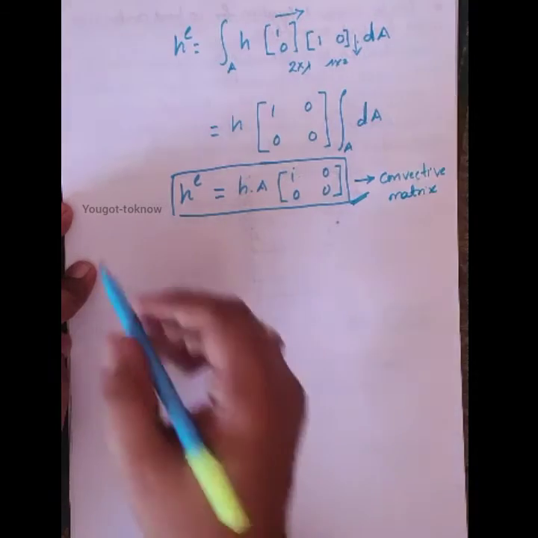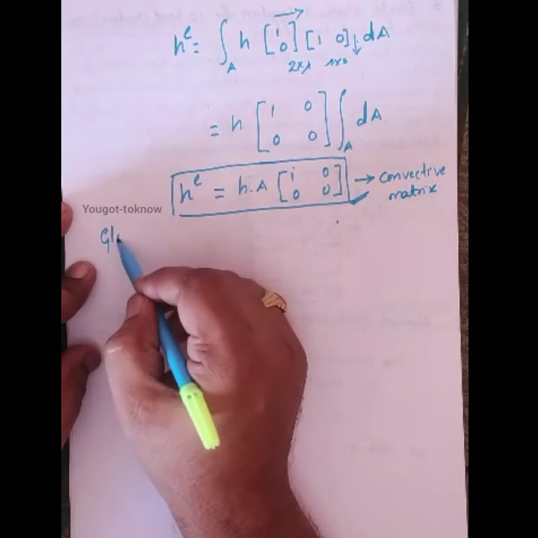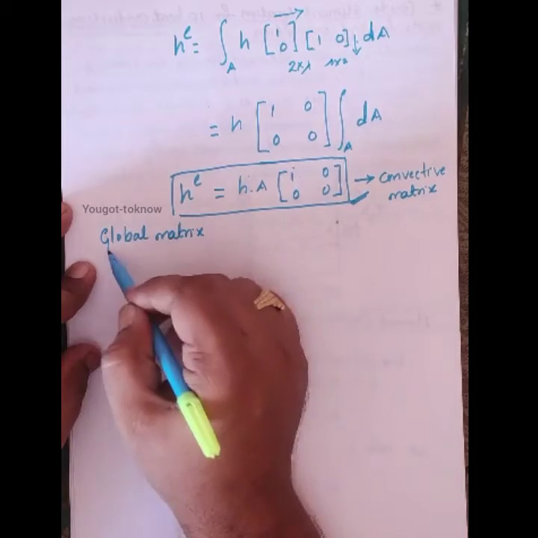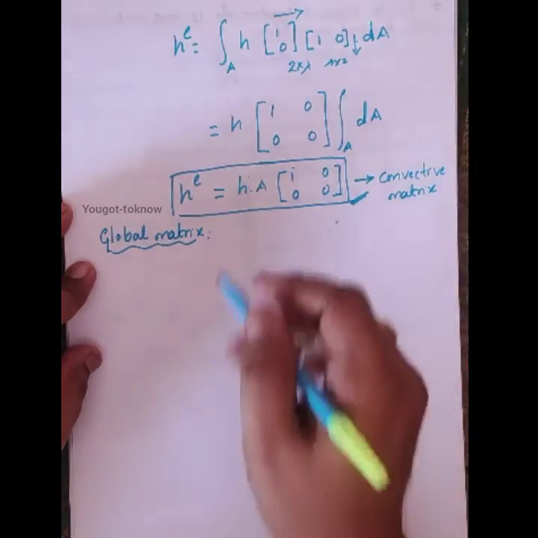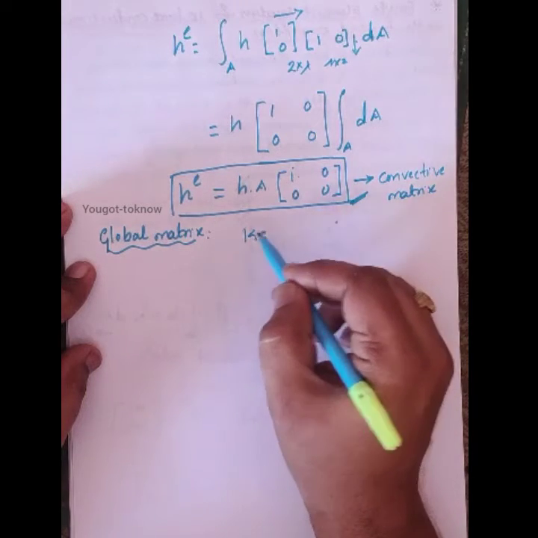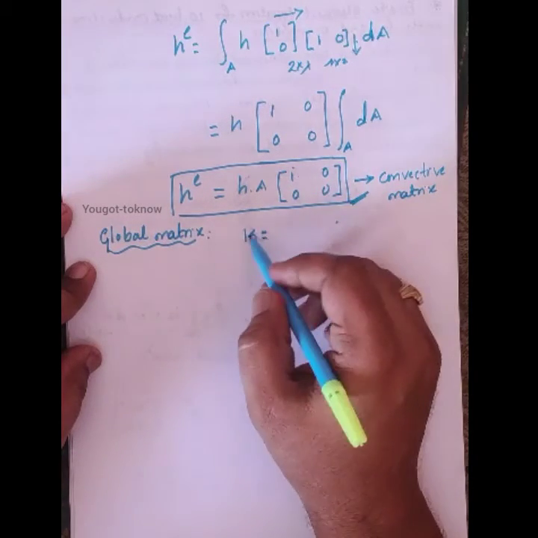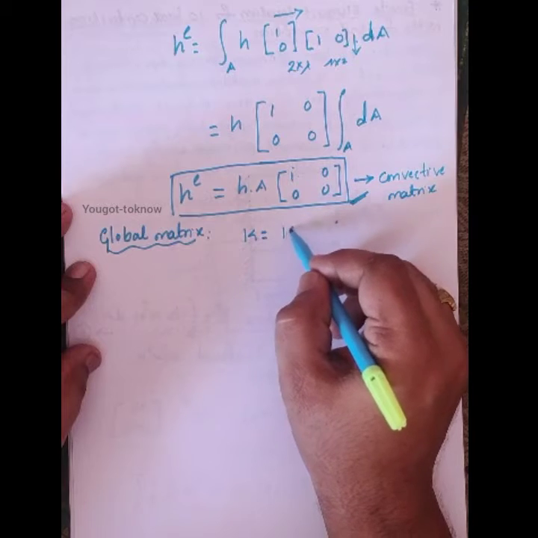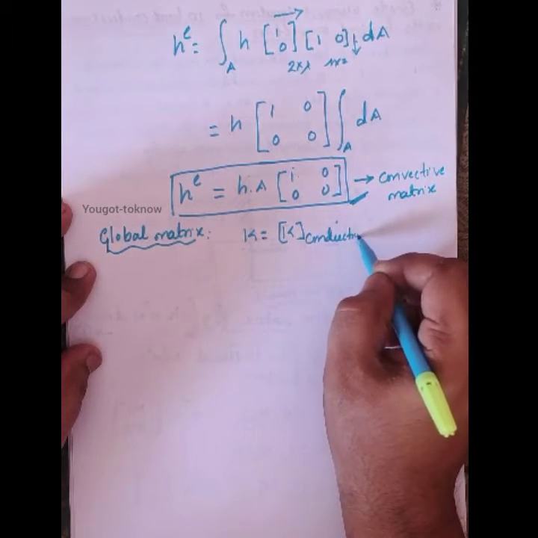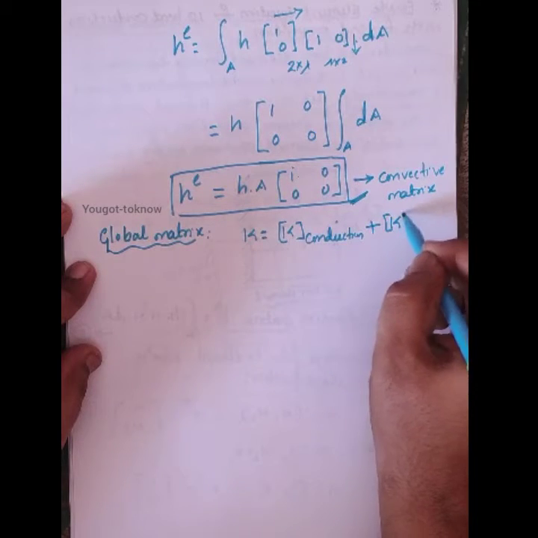Now, what is the global matrix in a problem? The global matrix, that is the global stiffness matrix, will be equal to K conduction plus K convection.